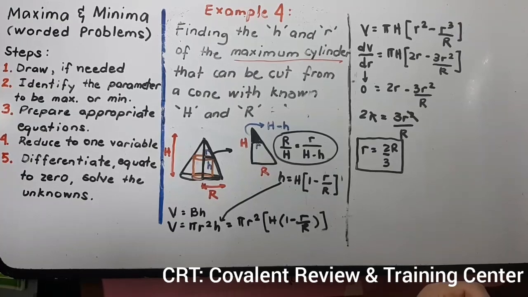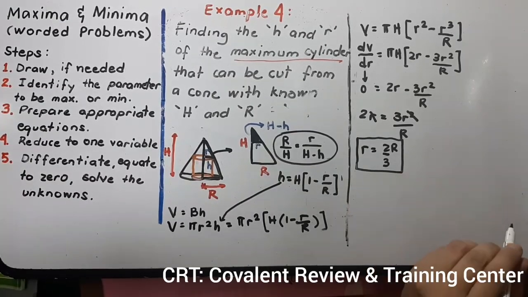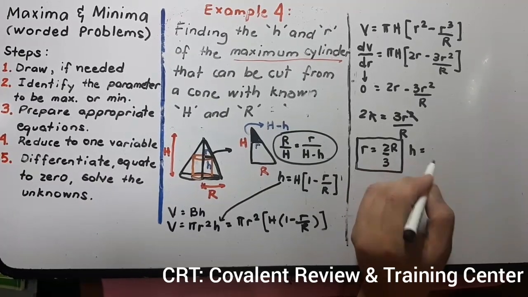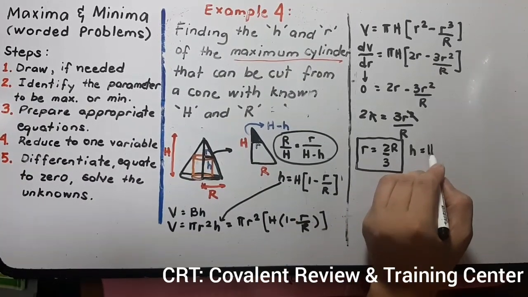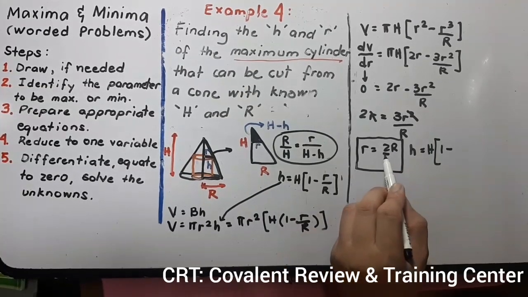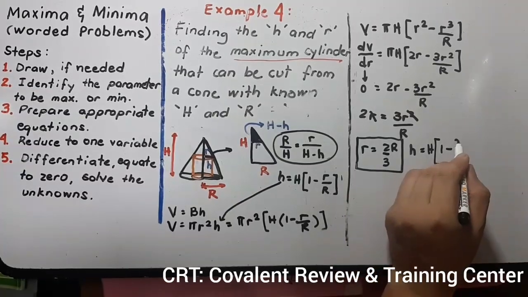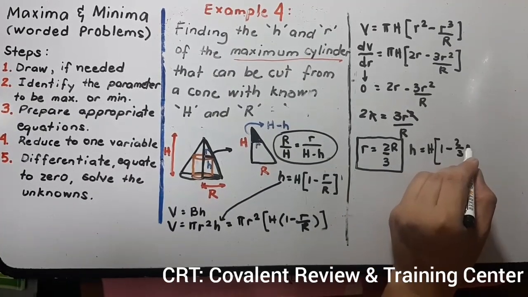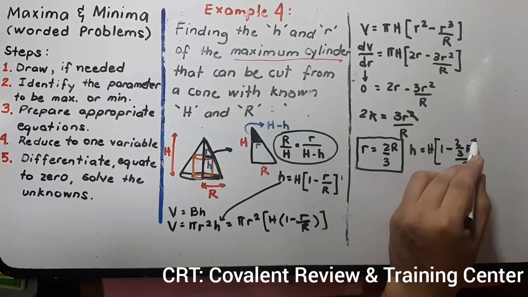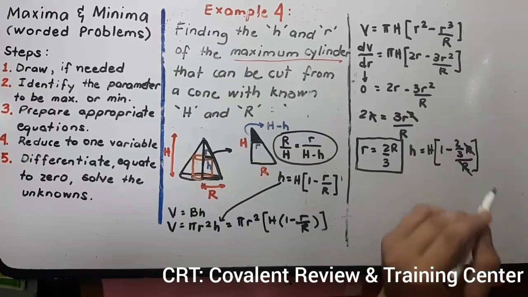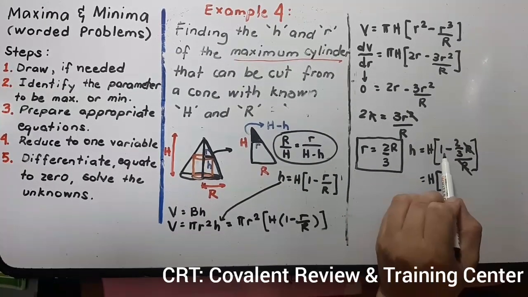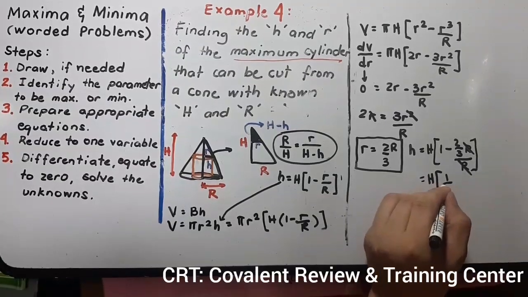So let us now find the solution for the height of the cylinder, which is the small h. Small h is equivalent to capital H times 1 minus small r over capital R. We already have small r now, and it is 2/3 of capital R over capital R. Cancel this capital R, so we have capital H, then 1 minus 2/3 is 1/3.